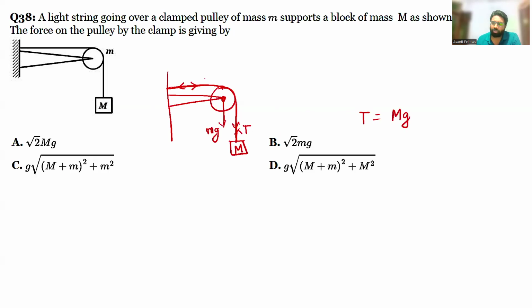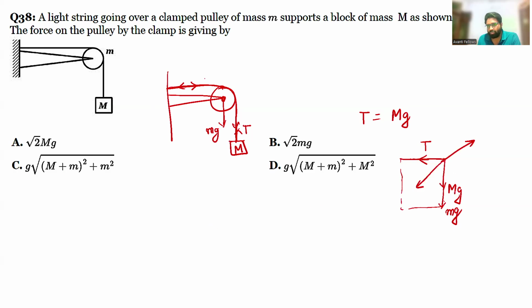But if you talk about the net force on the clamp, this is the tension, this is capital Mg, and there is one more force, small mg, which is the weight of the pulley. If you take the resultant of it, that resultant force will be resisted by the clamp. That is why the pulley is not moving here and there.